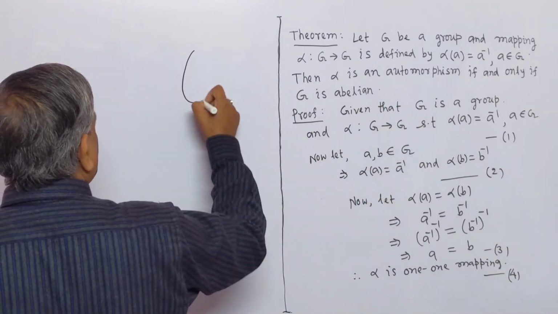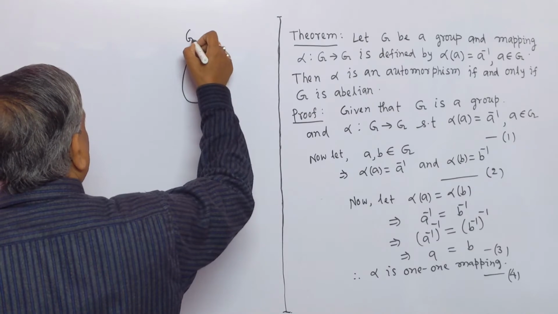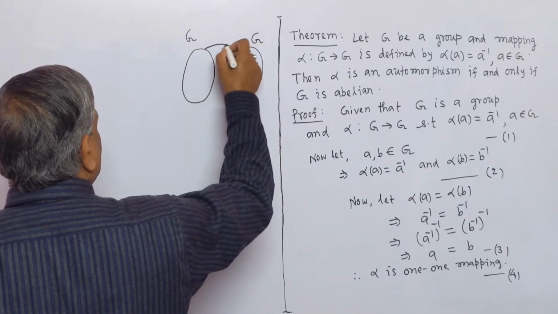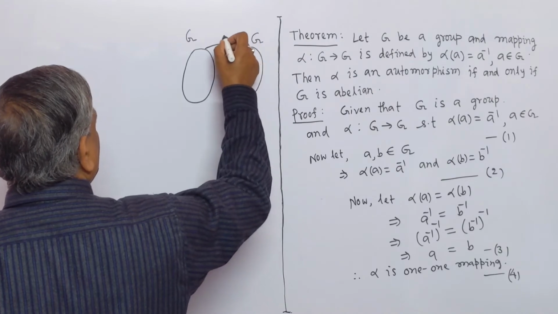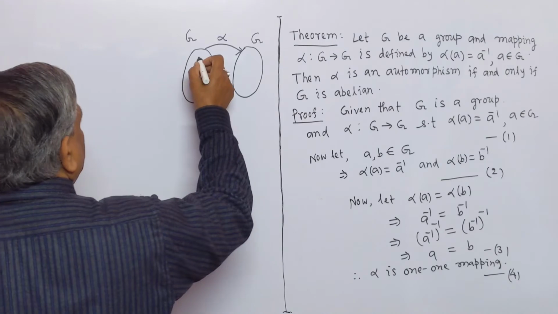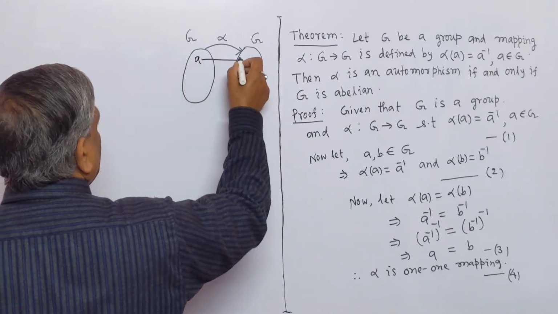Here this is group G and also this is group G, and alpha is a mapping, image of A is A inverse.